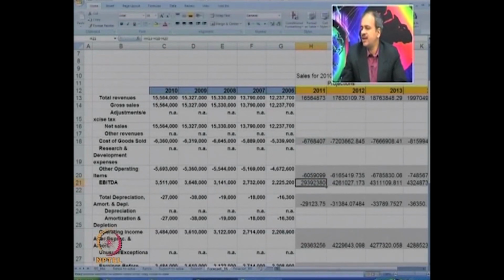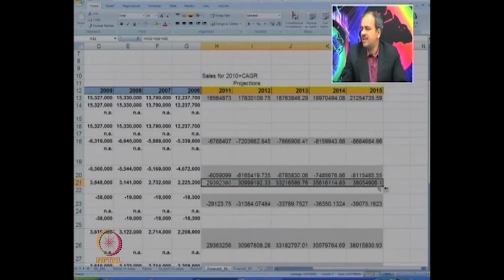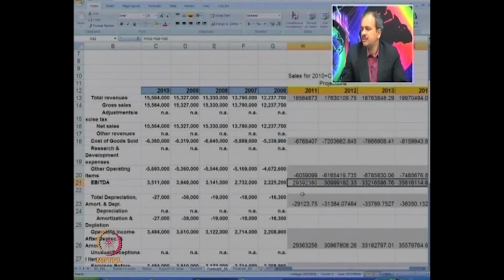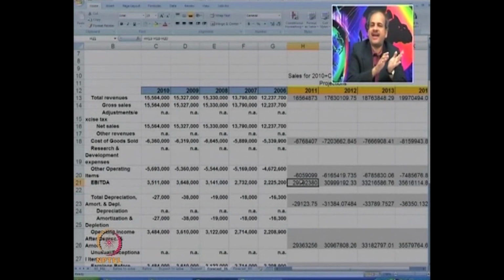So, you get this figure, I will drag it over the balance years.